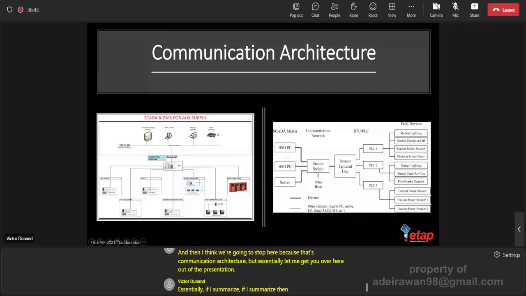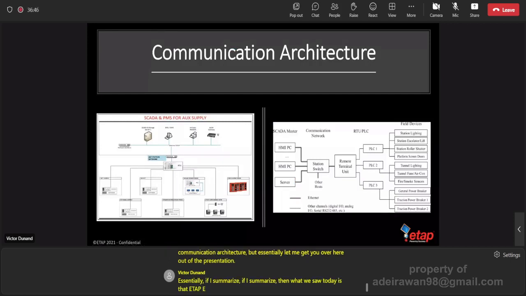what we saw today is that ETAP, since it started 35 years ago, is a power system analysis software.